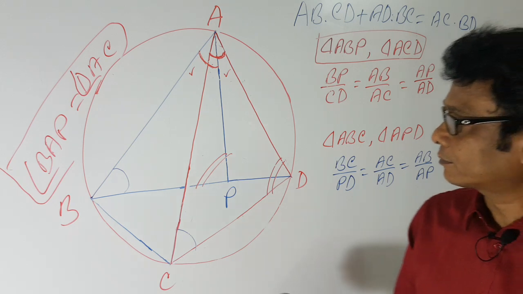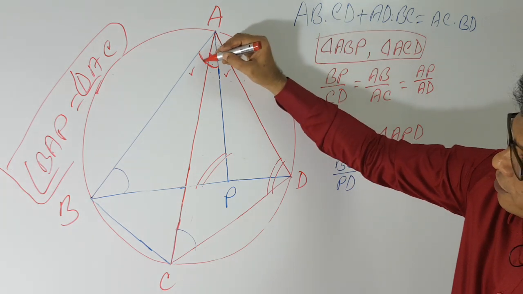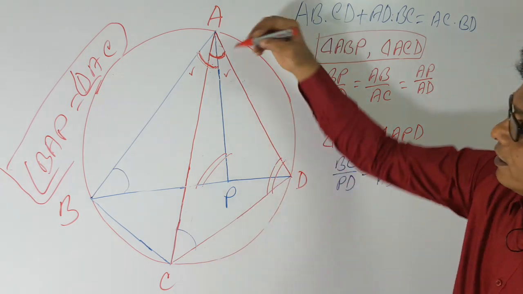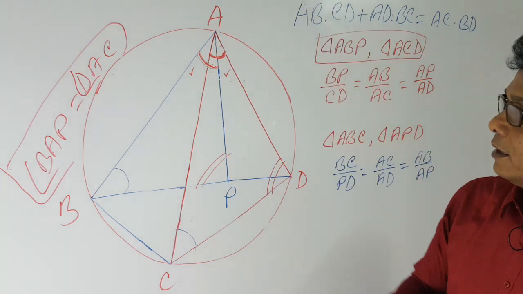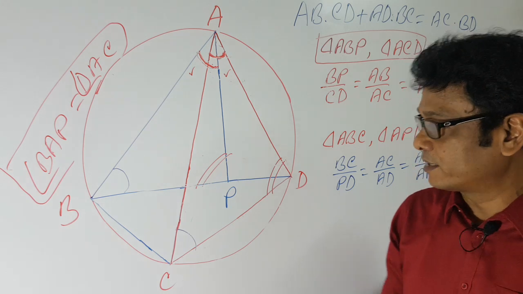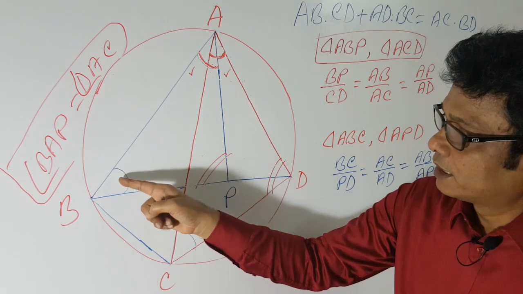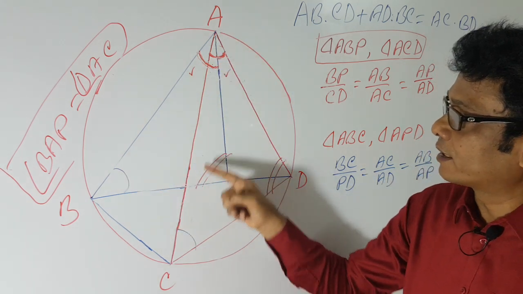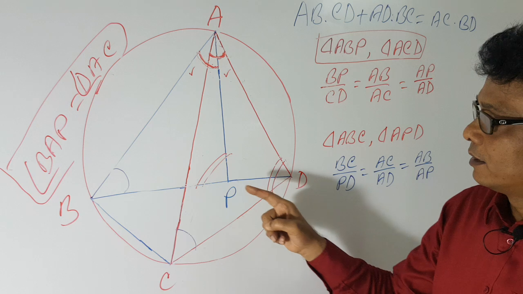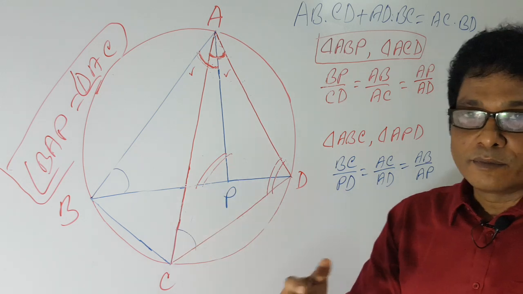BP, CD. BP is the opposite side of this angle. CD is the opposite side of this angle, equal to this angle. So BP and CD are corresponding or matching sides. So BP by CD equals AB by AC, because AB and AC are opposite sides of equal angles, so they are matching sides.